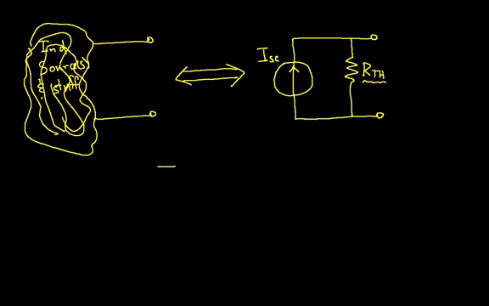You find the short circuit current, which you get by shorting the two terminals. You find the open circuit voltage, which you get by leaving the two terminals open.